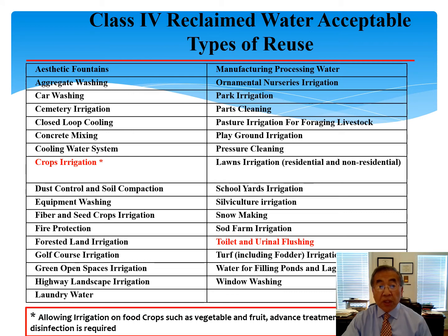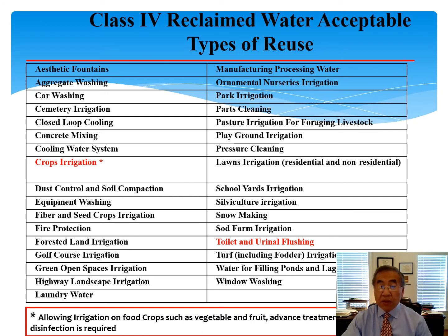But if you want to use Class 4 to irrigate food crops, you have to have advanced treatment, including filtration and chlorination disinfection, to meet the Class 4 water quality before you can irrigate the food crop.